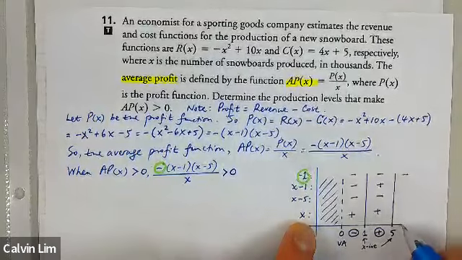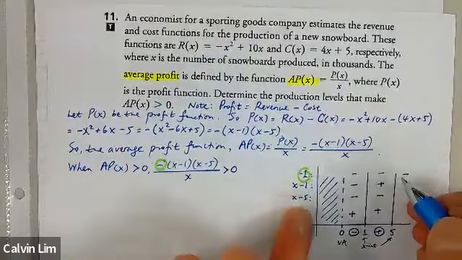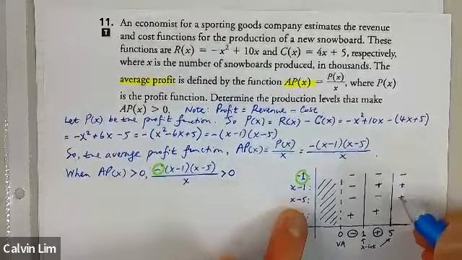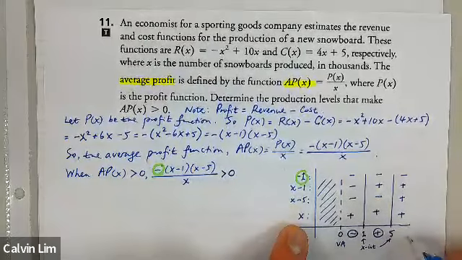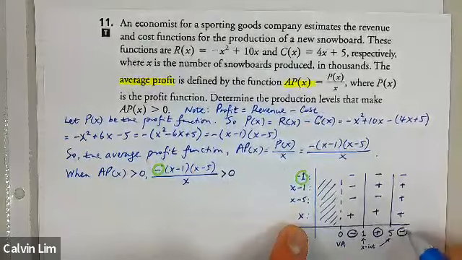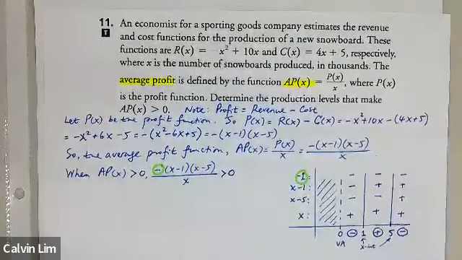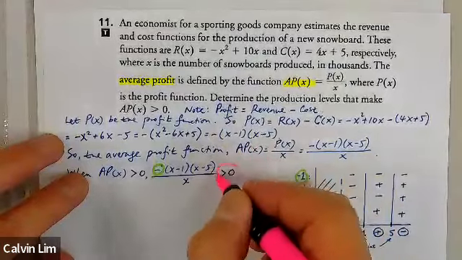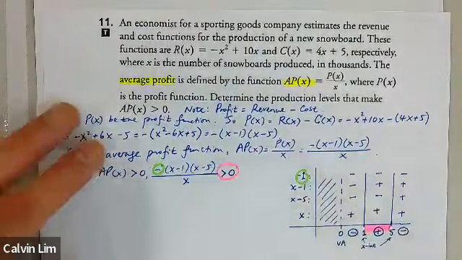When x is greater than 5, -1 is negative, x minus 1 will be positive, x minus 5 will be positive, x is positive. So the net result is negative. So which region do we want? We want positive, so it's between 1 and 5. So it's here.